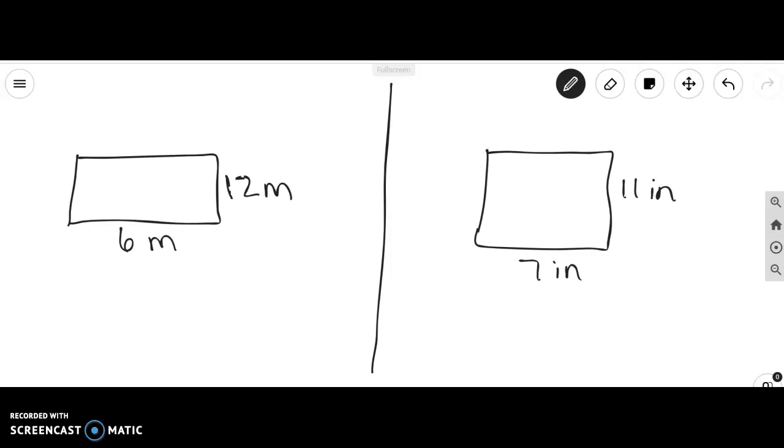So here we have M. M stands for meters. So the M equals meters. And in this problem, you have 12 meters and 6 meters, 11 inches and 7 inches. Go ahead, pause the video, solve them, and then come back in.